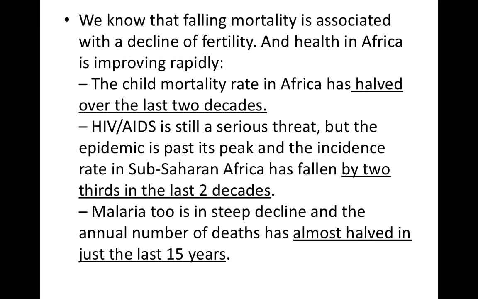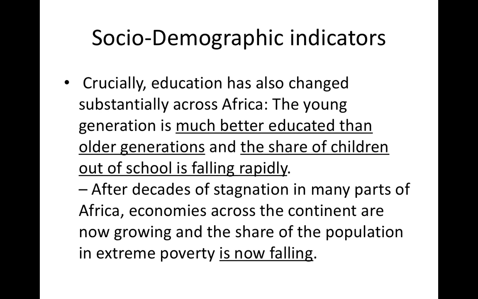We also see malaria in a steep decline. It's almost halved in the last 15 years. So when we think about Africa, we are going to see declining birth rates, and we're going to see longevity, longer lives, and that's going to come with a couple of different things.